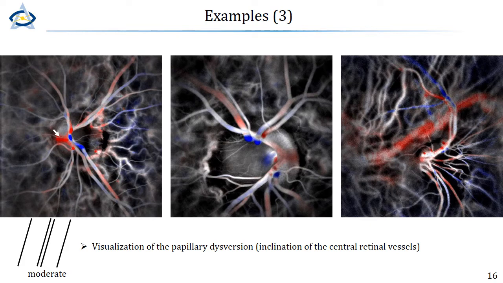So you can see the contrast that is given by the central retinal artery that appears in red below the nerve fiber layers. In the second example, you can also see it slightly. And in the third example, the inclination is so pronounced that you cannot even see the red contrast. It means that there is a severe papillary dispersion.